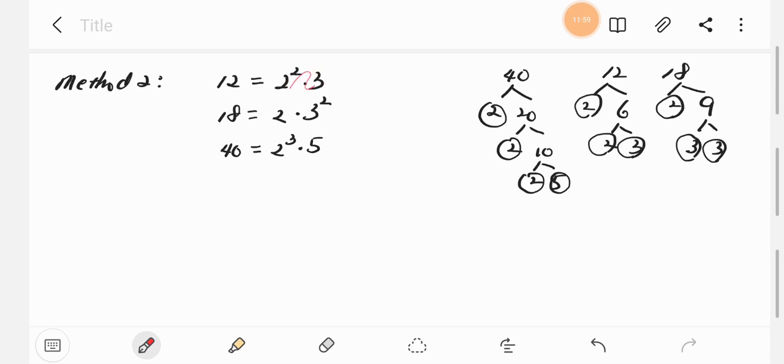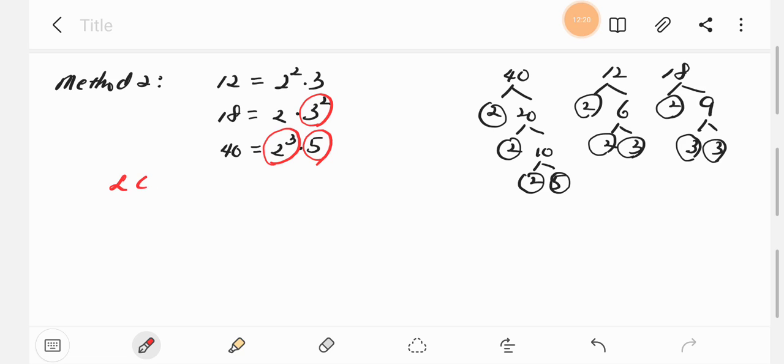For factor 2, we have 2 squared, 2, and 2 cubed, so 2 cubed is the largest one, right? How about 3? There are two factors, 3 and 3 squared. So 3 squared contains the highest power, and 5 is the only one.